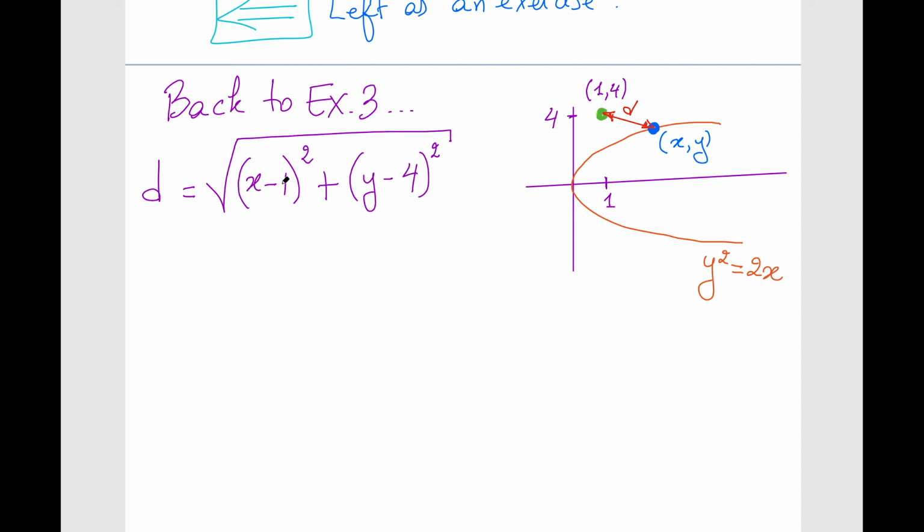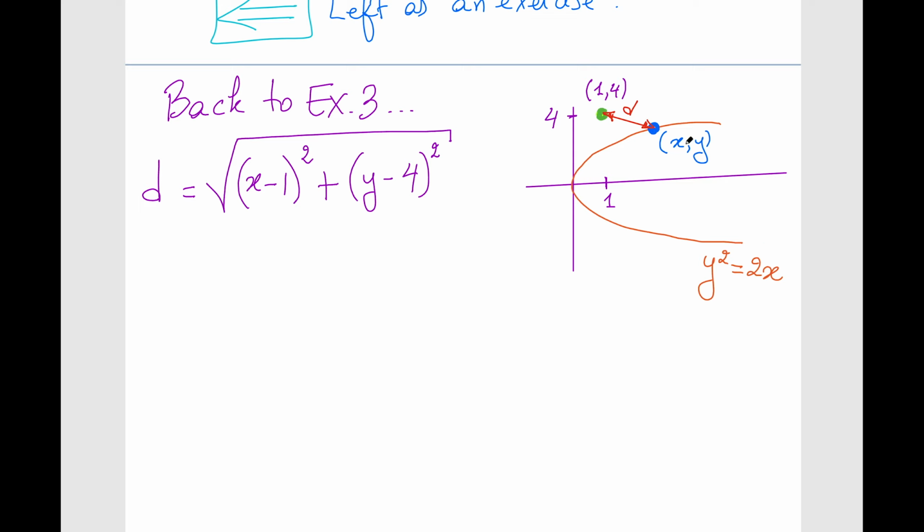All right, this is a function d in two variables, x and y. I would like to have a relationship between x and y so that I can turn the function d into a single variable function, so I can use the tools I learned so far. And what's the relationship between x and y? Well, the point belongs to the curve, y squared equals 2x.